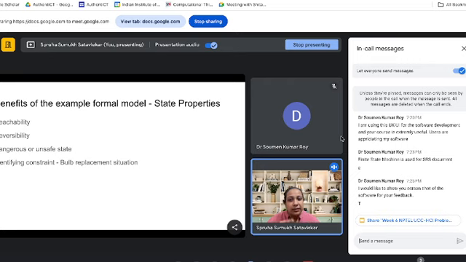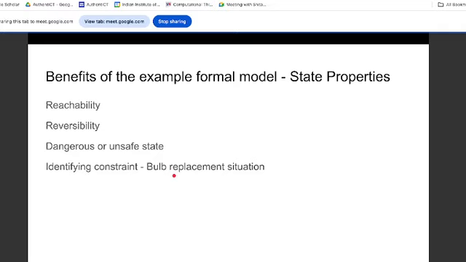That is another benefit of this exercise of modeling a system, where we can find out whether the system states are reachable, whether they are reversible, and we can identify the constraints of that model, so that we may try to create a better layout or a better way of representing the model itself.